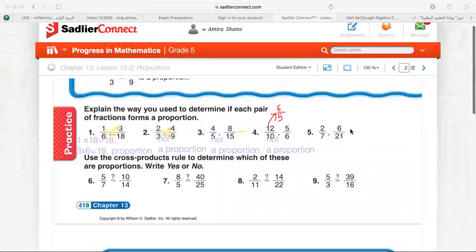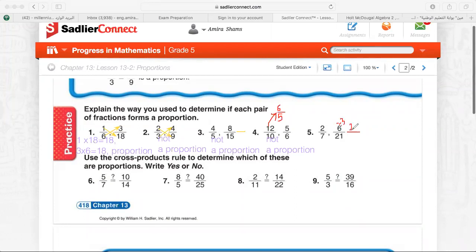Let's take 2 over 7 and 6 over 21. Lujine, can I use the simplifying? The first one was already simplified. So we simplify the second one by dividing the numerator and the denominator by 3. 6 divided by 3 is 2, and 21 divided by 3 is 7.